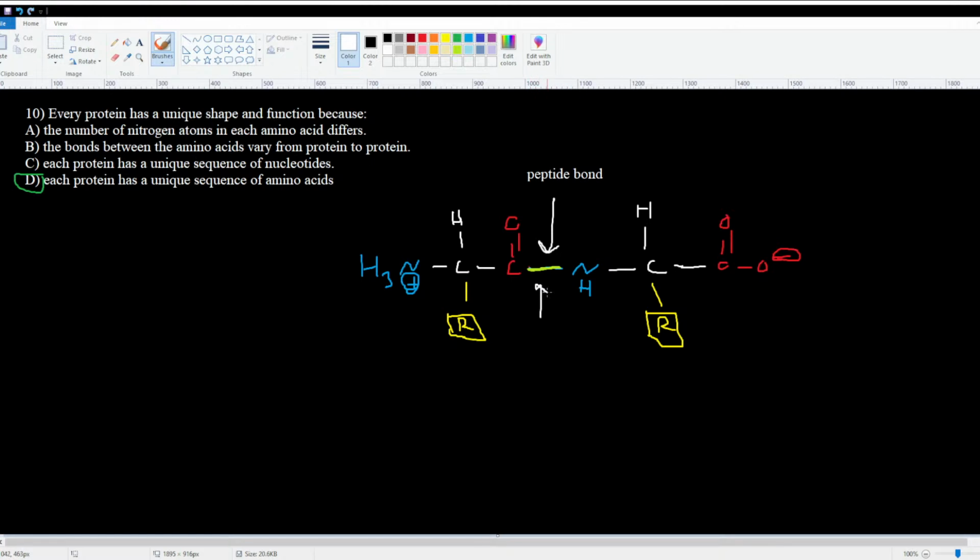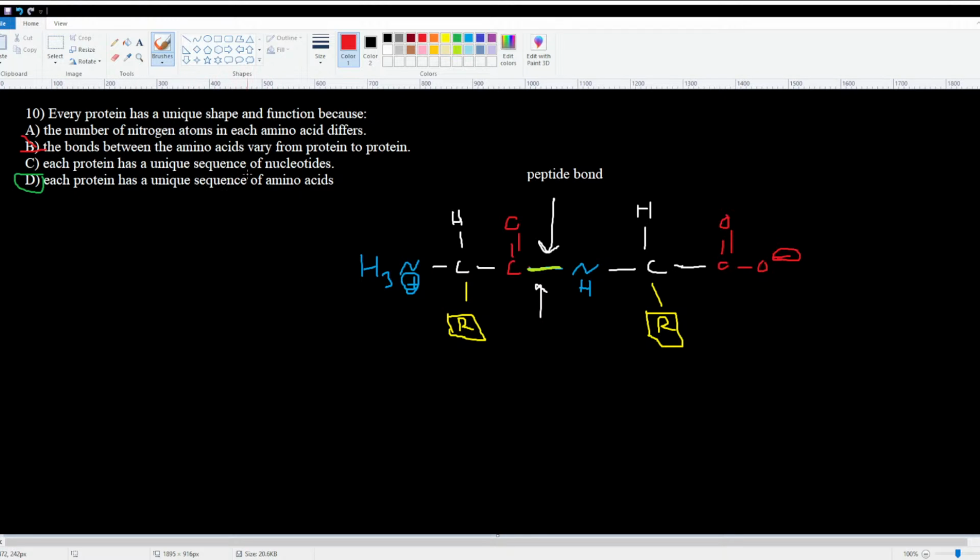This peptide bond will always be the same. If we link together more, we're gonna create more peptide bonds, and the peptide bond will never change. It will always be a peptide bond because it's linking together amino acids. So B is going to be wrong also, because the bonds between amino acids doesn't vary from protein to protein.